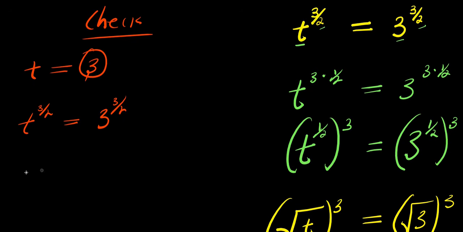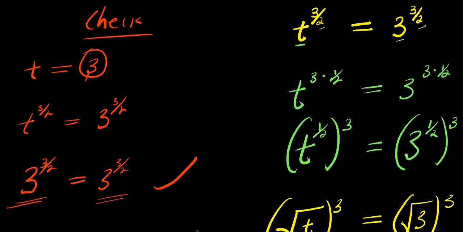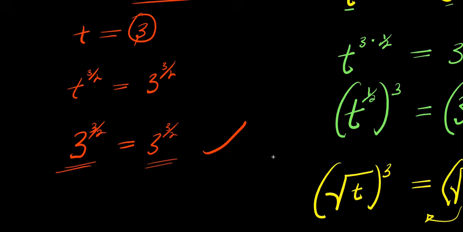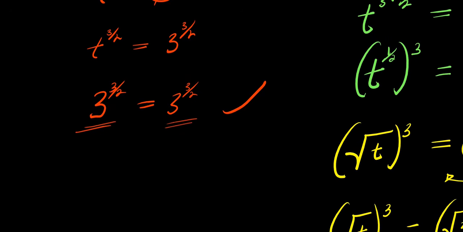And if t is 3, we have 3 power 3 over 2 equals 3 power 3 over 2. This side and this side are now the same. So this means that the equation is obviously correct. And even if you want to simplify this further, you can have the square root of 3 power 3 equals square root of 3 power 3. Right? You can leave it this way as well.